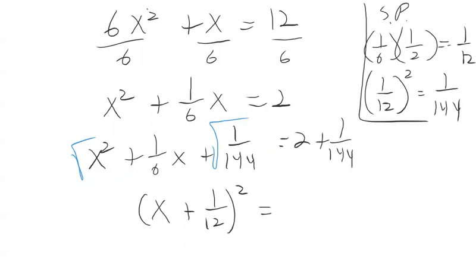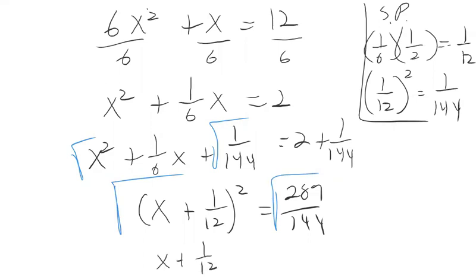Yes, I'll do the factoring method afterwards. That equals 289 over 144. Take the square roots, and I get x plus 1/12 equals the square root of 289 over 144. If I type that in my calculator, that better come up to a good answer.